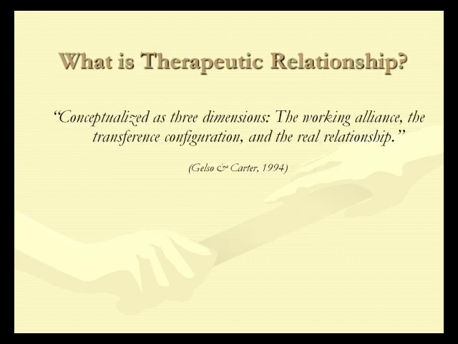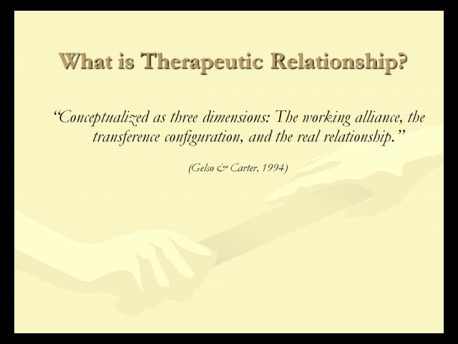So what is the therapeutic relationship? The therapeutic relationship is conceptualized as 3 dimensions. First, there's the working alliance. That is the relationship that exists between the client and the counselor to achieve the goals of the therapeutic process. It also entails the transference configuration.